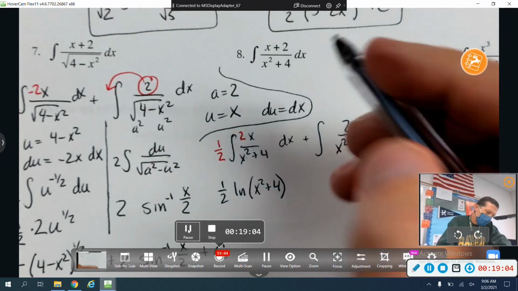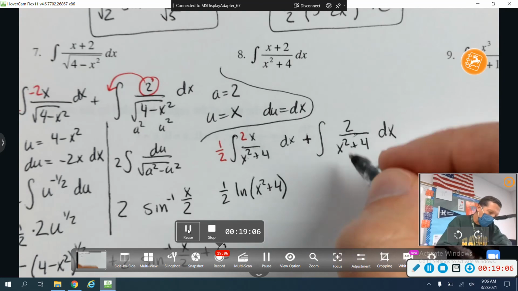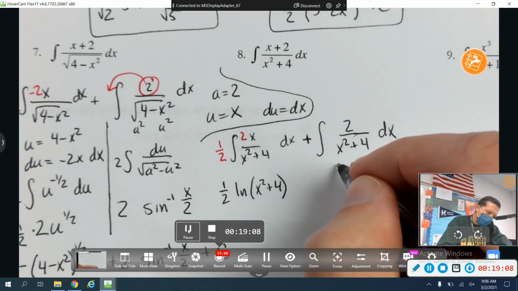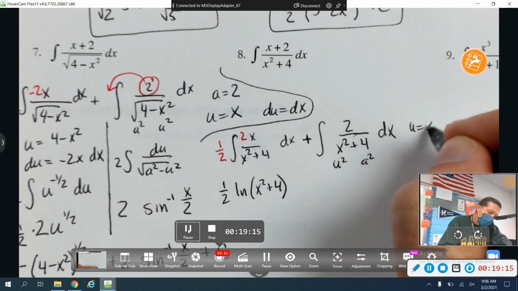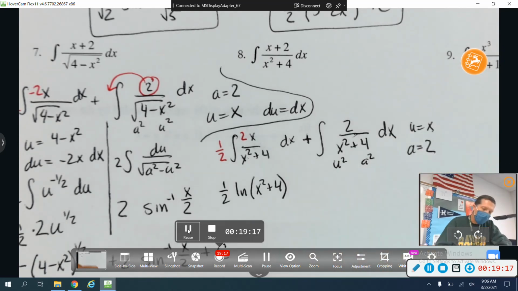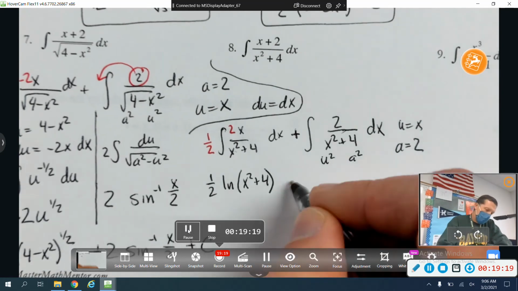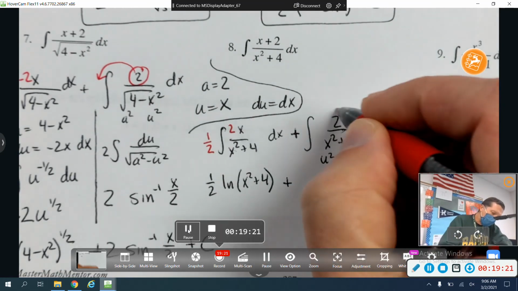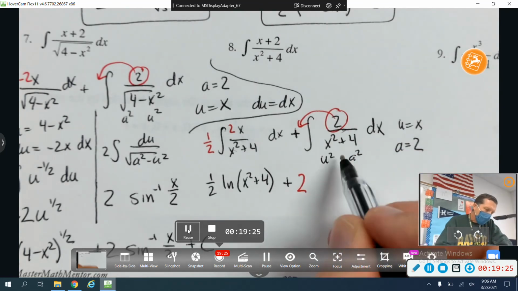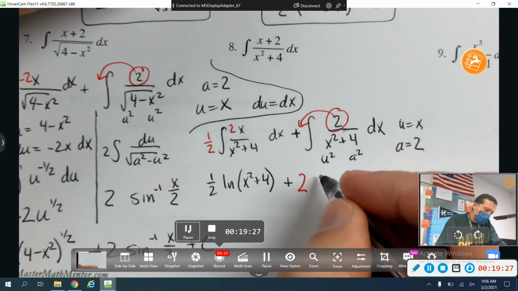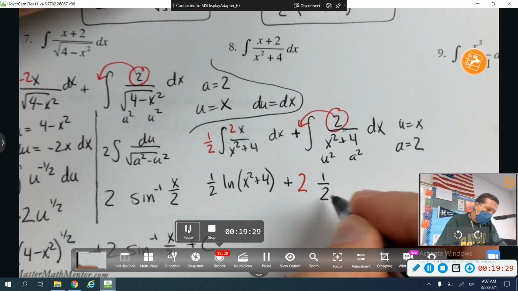This one, maybe not, because I haven't done too many tangent problems. So if I let u be x, and a is 2, and this 2 is just kind of in the way, so I'm going to move him out front. Now I'm just looking at the box up there. It's 1 over a.